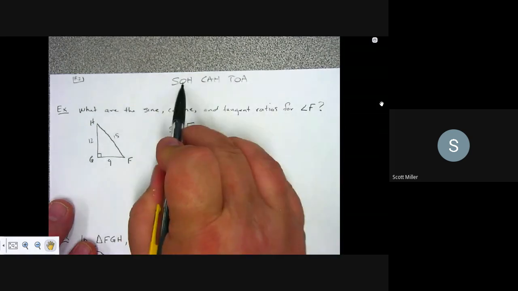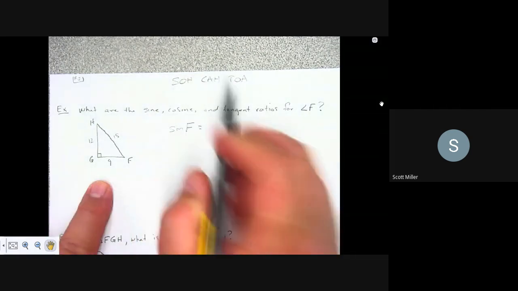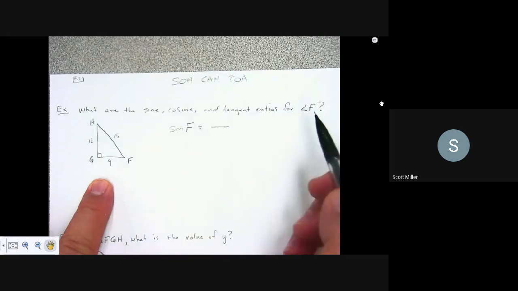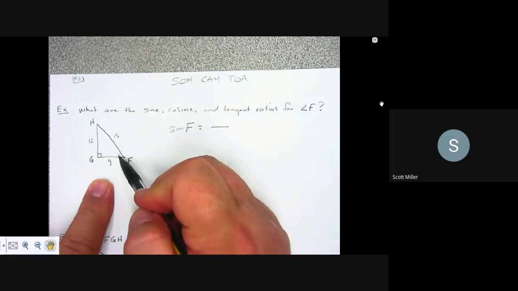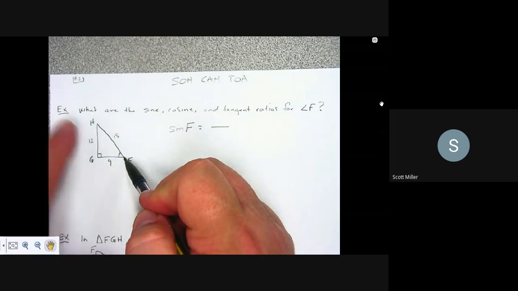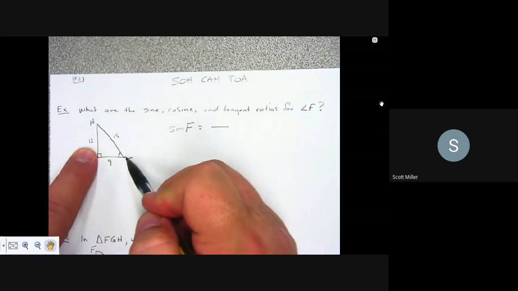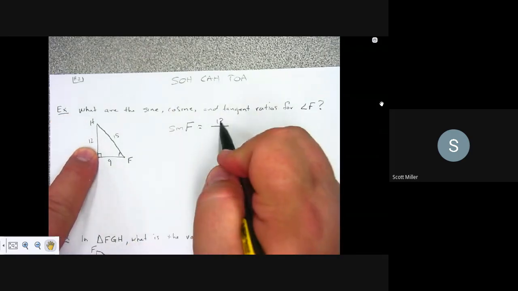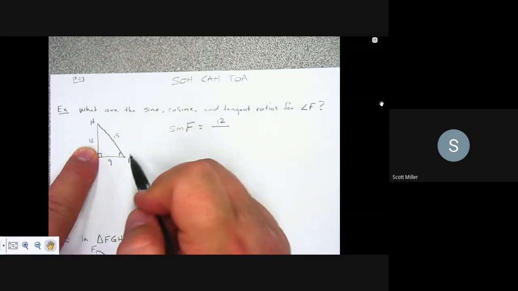So the sine is the opposite length over the hypotenuse. So I'm going to have a fraction or ratio over here. Here's angle F. The side that is opposite angle F is the one farthest away from us, all the way across. So that is the side opposite. Its length is 12.